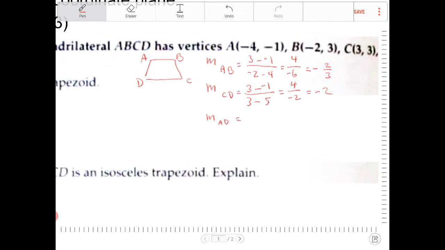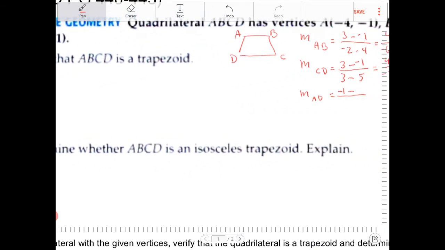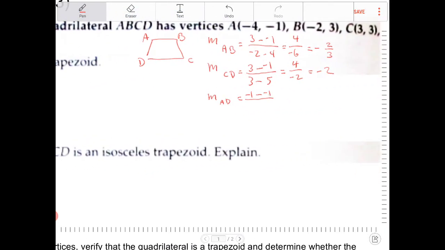That's okay, because I need to see whether or not there's at least one pair of sides that have the same slope. So I'm going to find the other two, which is the slope of AD and then the slope of BC. The slope of AD will be negative 1 minus negative 1 all over negative 4 minus 5, and that will be 0. And let's see the slope of BC.